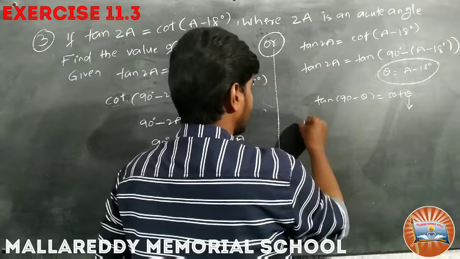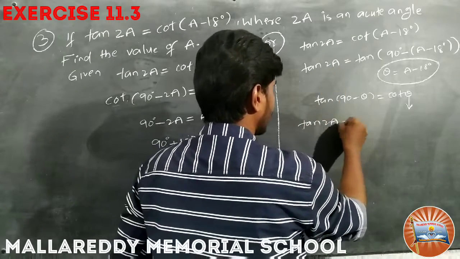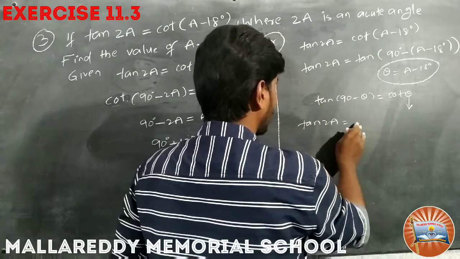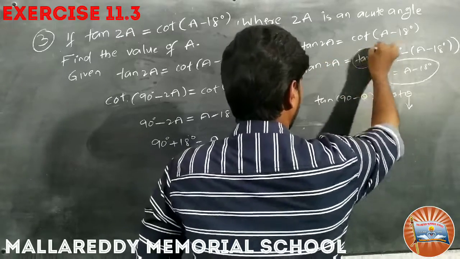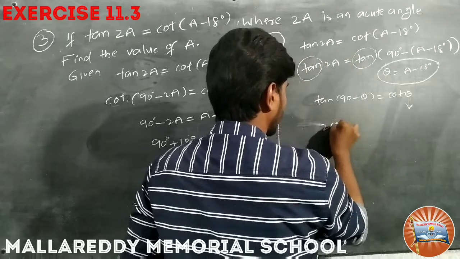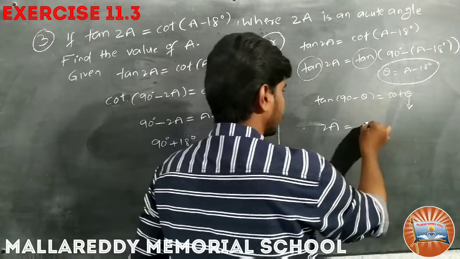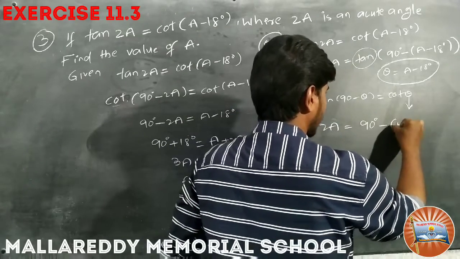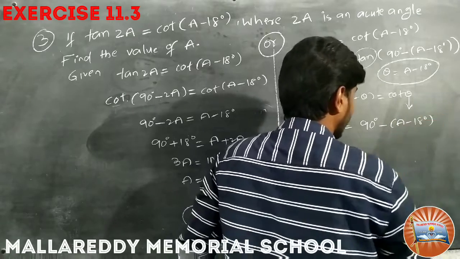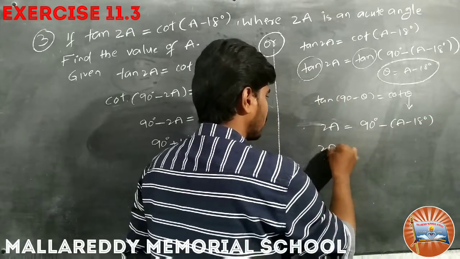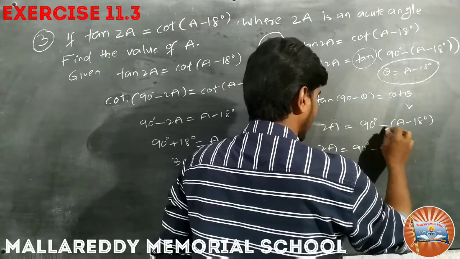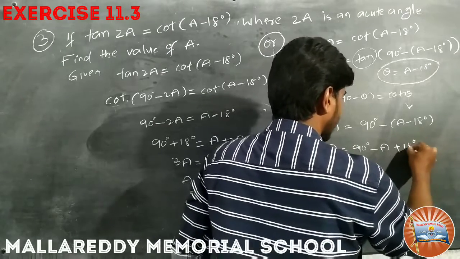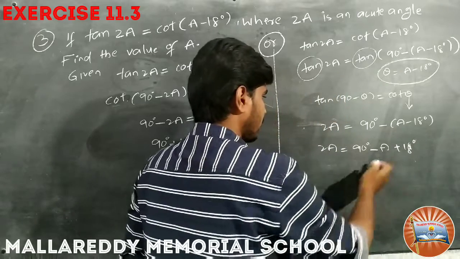So what next? Tan 2a is equal to, in both sides I am removing this tan, okay. What becomes? 2a is equal to 90 degrees minus (a minus 18 degrees). So what becomes? 2a is equal to 90 degrees minus a, minus into minus plus 18 degrees, isn't it?